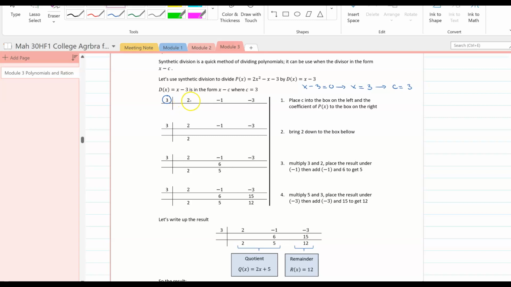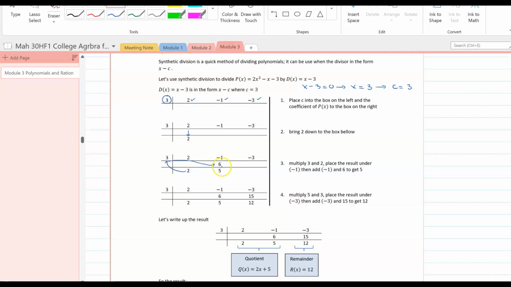So we get 2, -1, -3. We bring 2 down to the box below. Multiply 2 and 3 to get 6. Then place the result under -1, so into the next column.